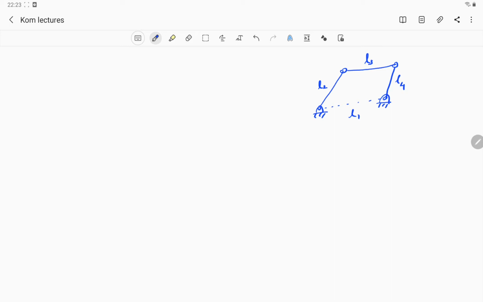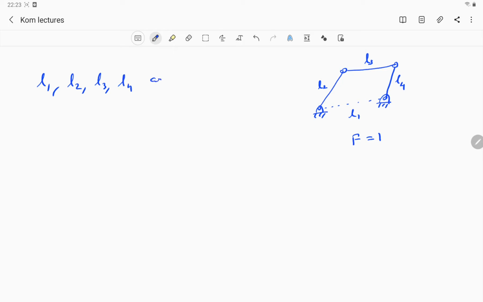And that's a constrained motion, which means the degree of freedom is 1. Say this L1, L2, L3 and L4 are given.